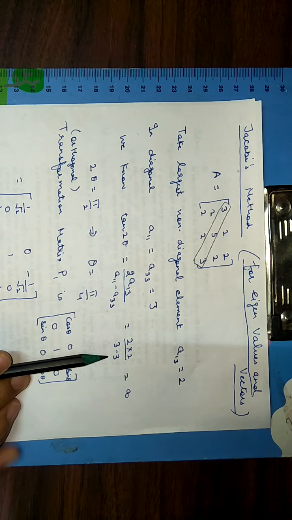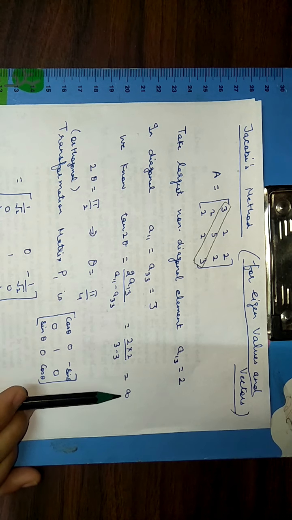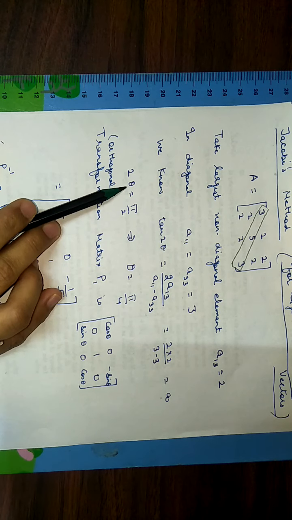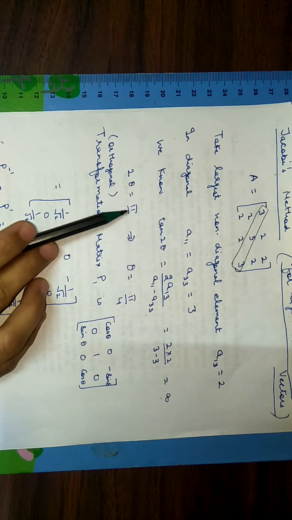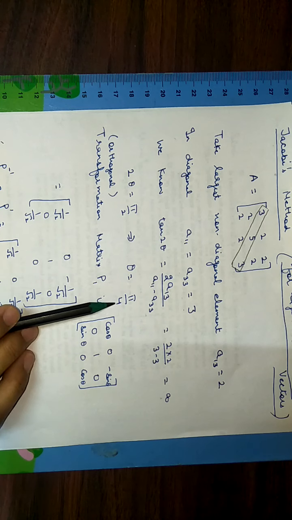So here we substitute the values: 2 into 2 upon 3 minus 3, that becomes an infinite value. So tan 2 theta becomes pi by 2, that is, theta is pi by 4.